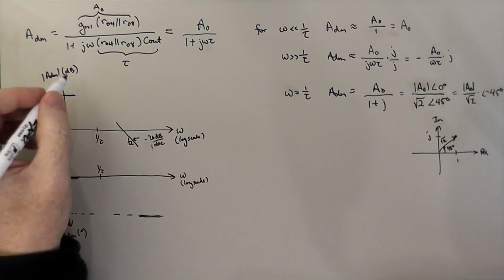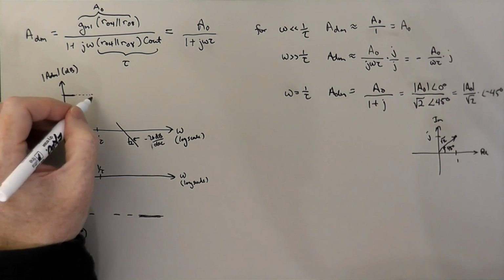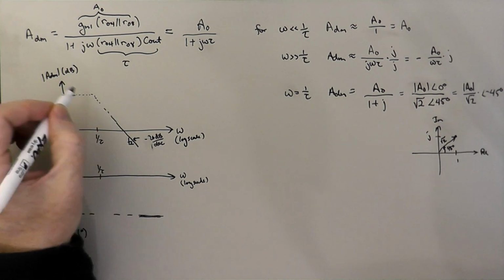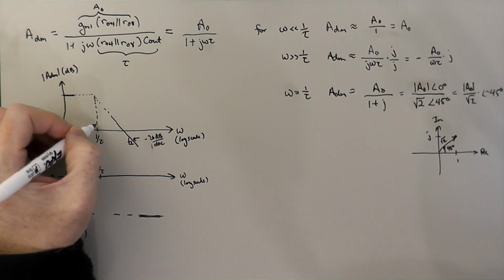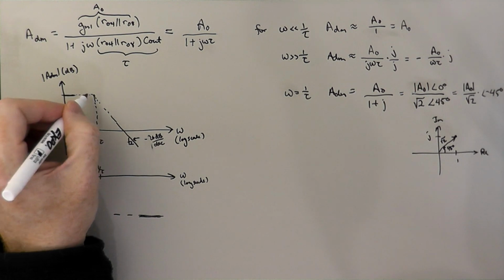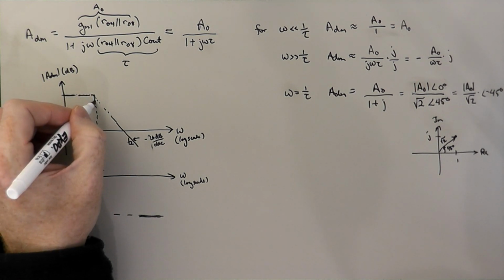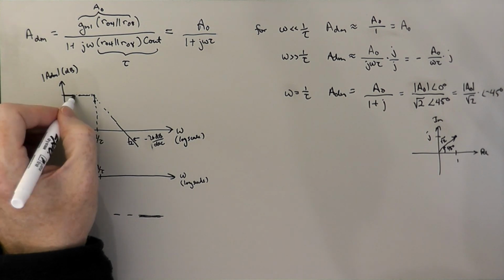And so, as it turns out, these straight lines kind of meet at this frequency, which is called the corner frequency. But the actual magnitude is down by 3 decibels.